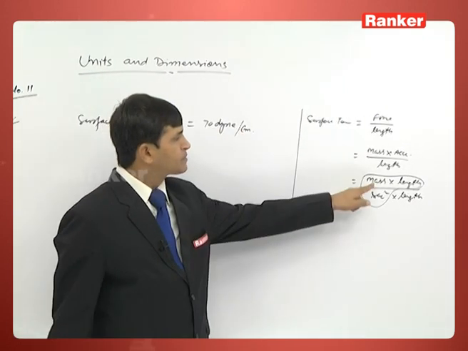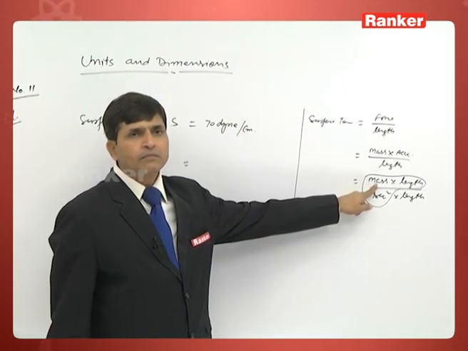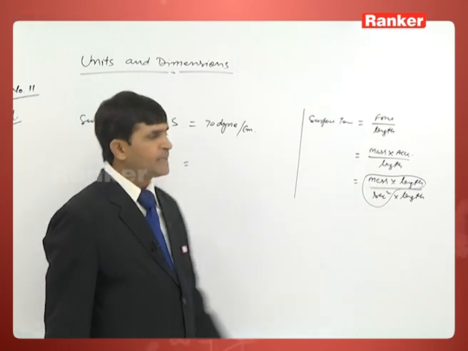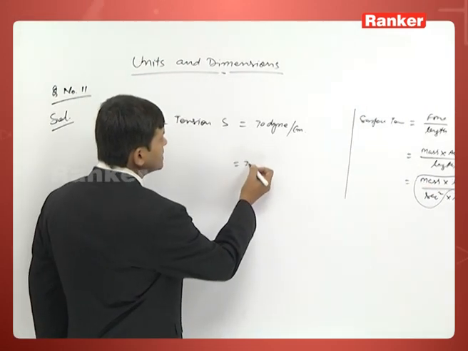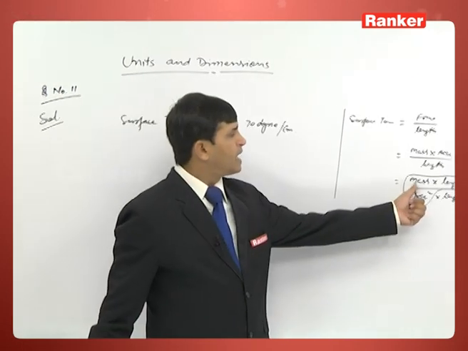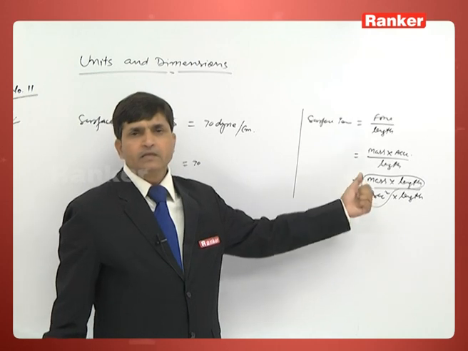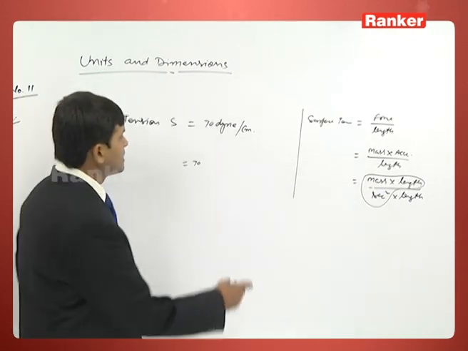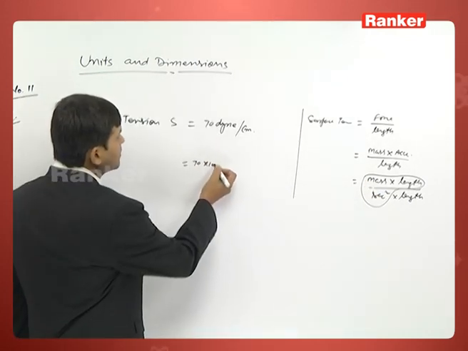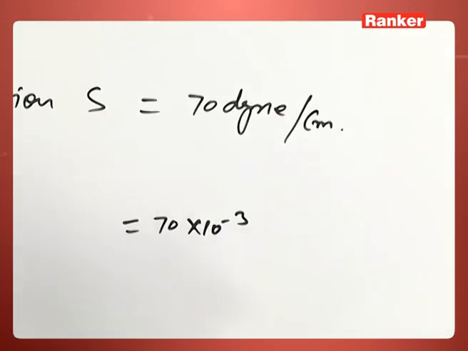Mass in gram in CGS system, so if we convert into SI, 1 gram means 10 power minus 3 kg.